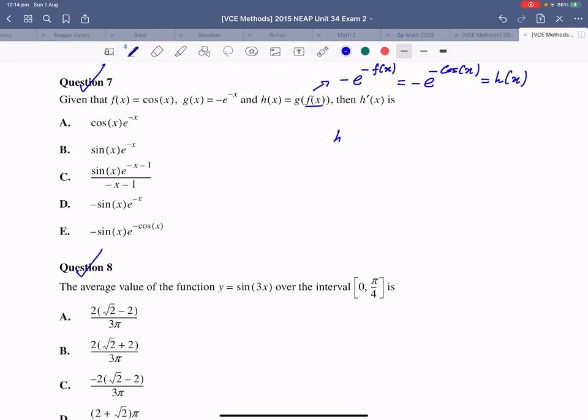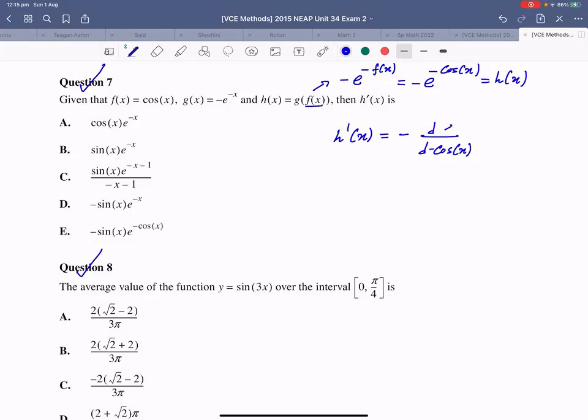So you need h dash x. So h dash x is, okay, so you put the minus out and you do the construction, right? So e to the minus cos x. Actually, you can put minus cos x here too.